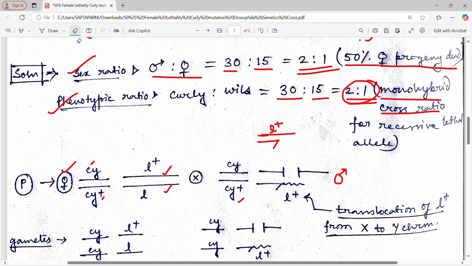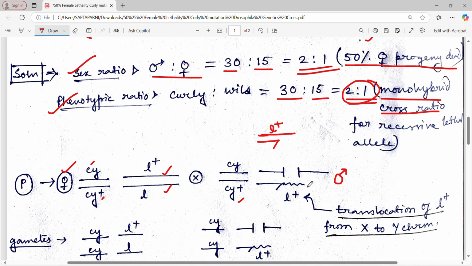So instead of keeping L plus on the X chromosome of the father, we have to delete the L plus portion of the gene, or that locus, from the male, and translocate it onto the Y chromosome.